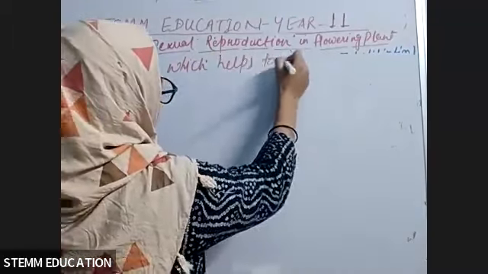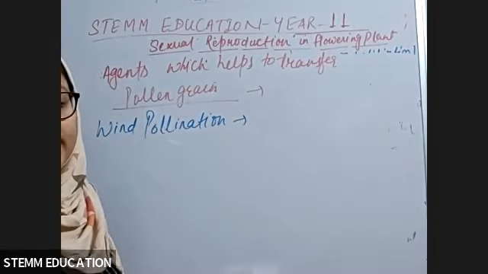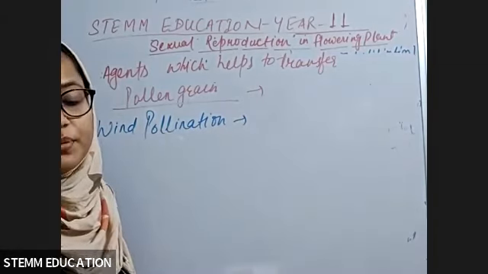How does pollination happen? Through the wind. In some plants, the wind carries the pollen between the flowers. Give some examples.